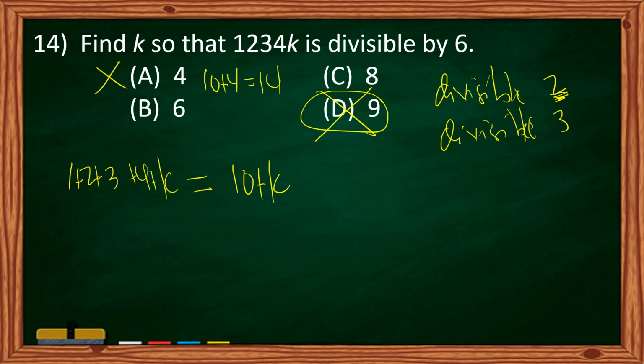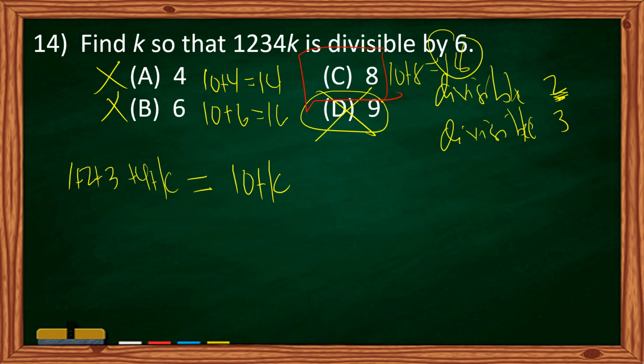So this is not divisible by 3. 10 plus 6 is 16. This is not divisible by 3 either. 10 plus 8 is 18. And 18 is divisible by 3. Therefore, our final answer should be letter C.